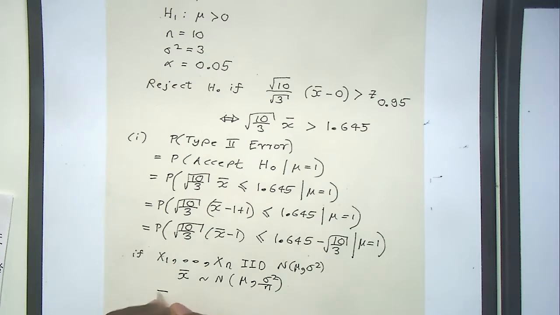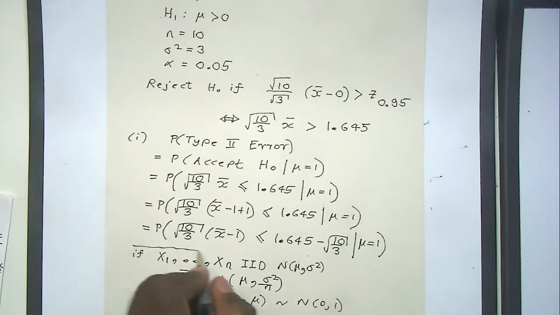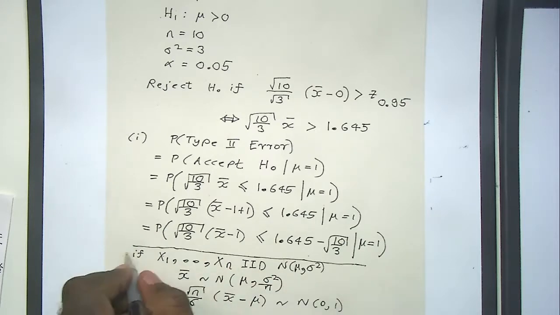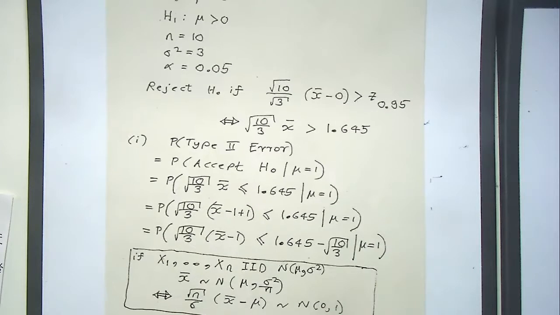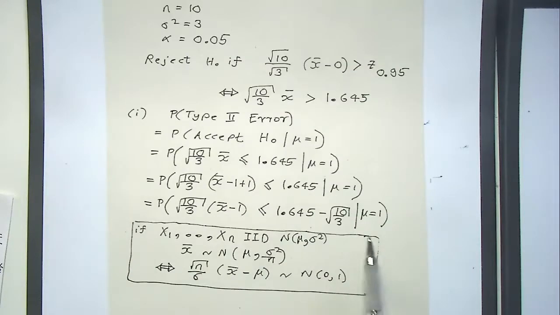In other words, root of n divided by sigma times x bar minus mu has a standard normal distribution. I'm going to put this in a box, and using this result, because the true population mean is 1, we can argue that this guy here is standard normal.